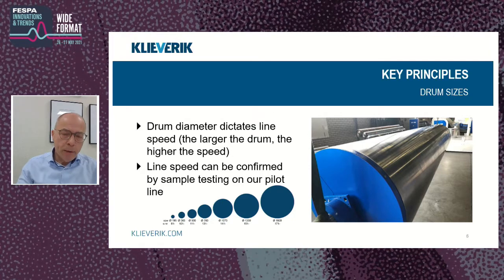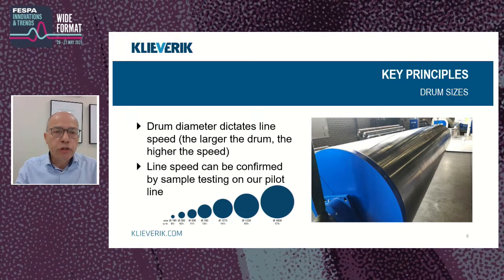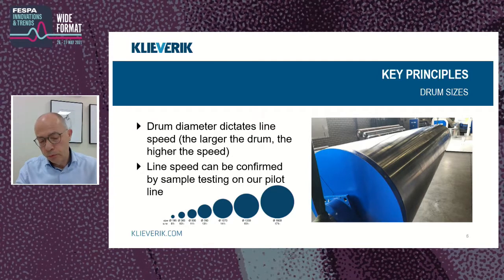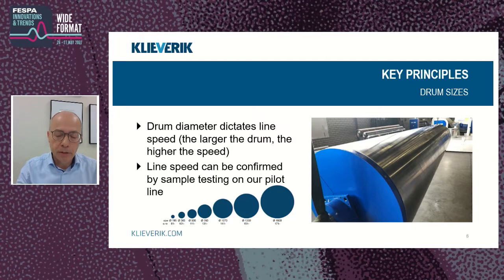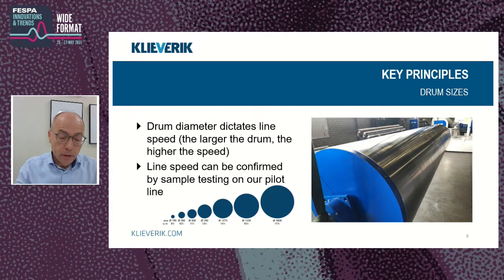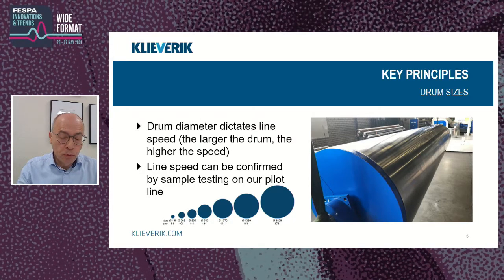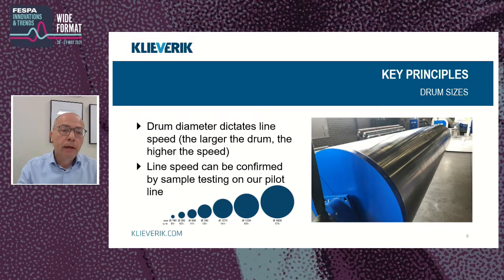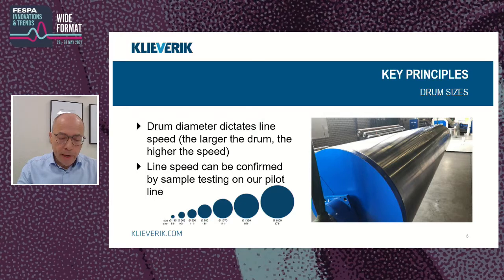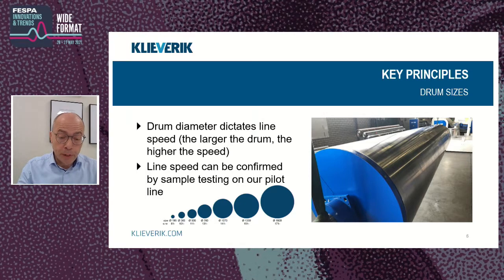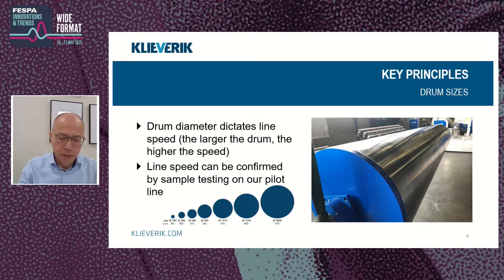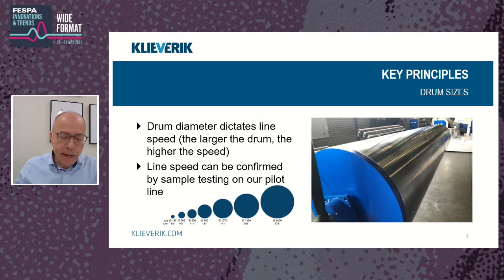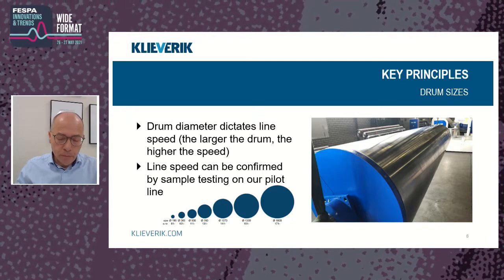Now we have a very wide portfolio of calenders, and that is due to material width. You talk about 1.6 meters up to 3.2 and even 5 meters for the signage industry. You talk about machine executions for roll-to-roll processing, single piece, table in front. Very often we have to match the capacity of a printer or multiple printers. And that comes along with a different diameter of the heating drum.